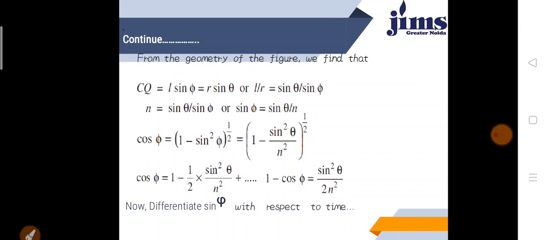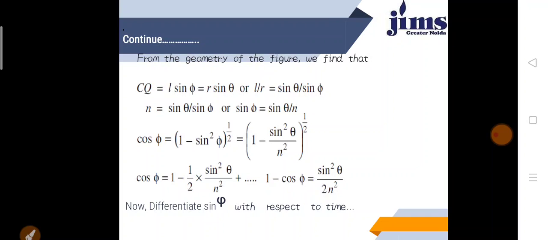Now differentiate this equation, sine phi equals sine theta upon n. When we differentiate sine phi, we get cos phi into d phi upon dt, and on the right side we get the differentiation of sine theta, which is cos theta upon n, multiplied by d theta by dt, because we are differentiating this equation with respect to time.